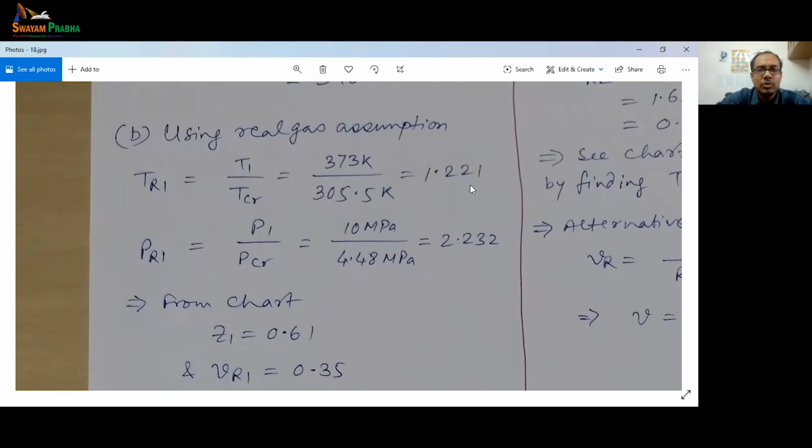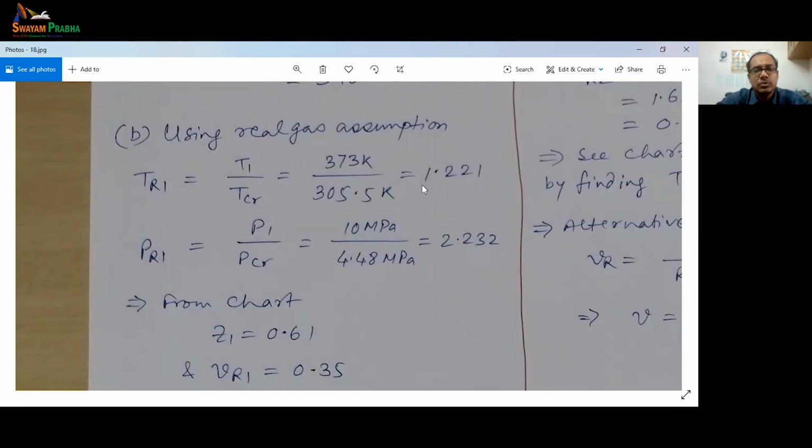So TR1 is 1.221, and that will be unitless because this is the ratio of two temperatures. And PR1, the reduced pressure at state 1, will also be unitless, and it will be 10 megapascal divided by 4.48 megapascal, that is 2.232.